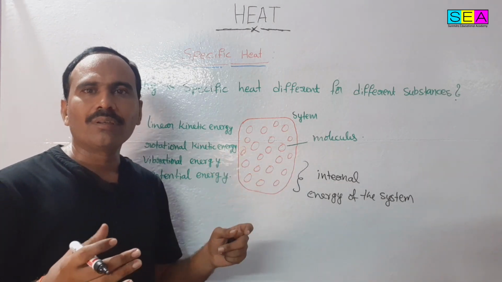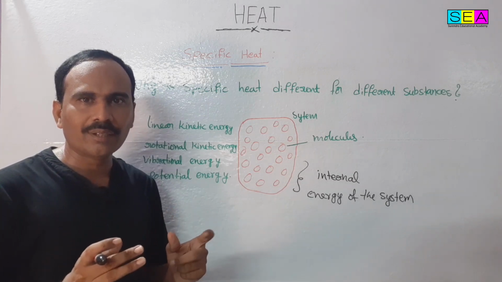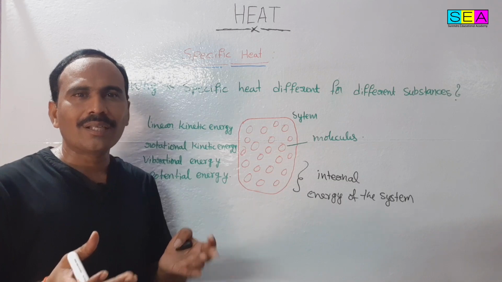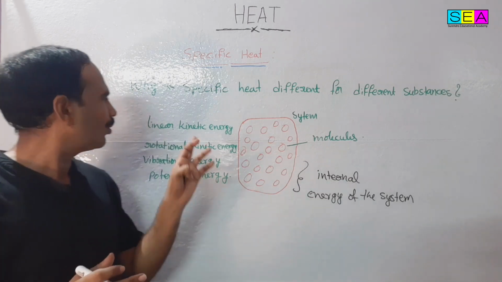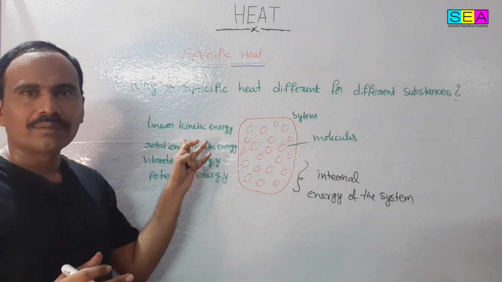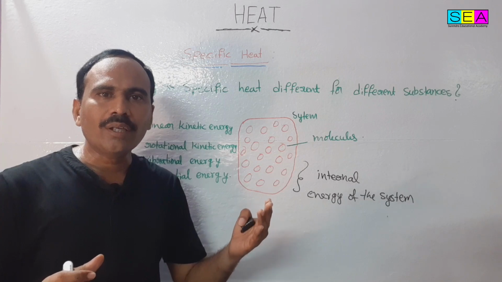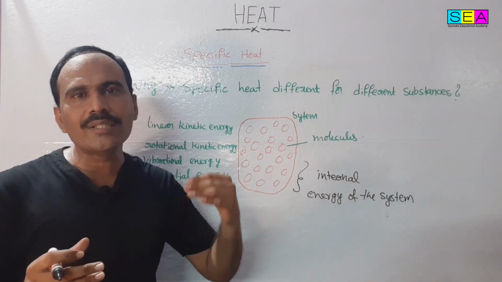For example, if one object's temperature is rising slowly, that means the supplied heat energy is only converting a small quantity into linear kinetic energy. In the previous activity, we took coconut oil and water. In coconut oil, the temperature rises faster.